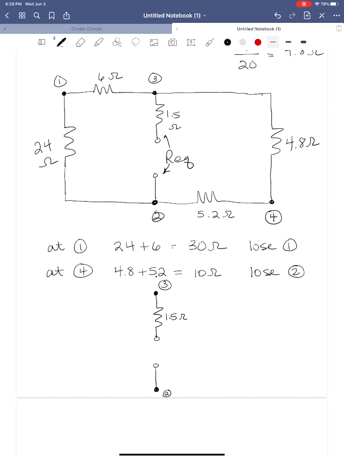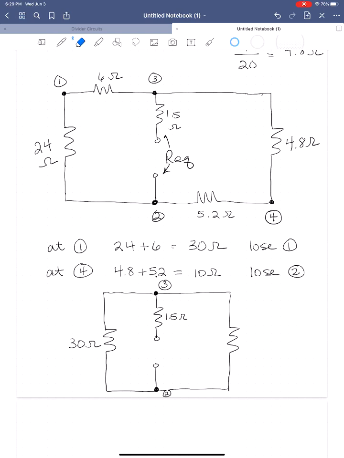Between node 3 and node 2, we've got that 30 ohm resistor, where we've lost node 1. And then between node 3 and node 2 on the other side, where we lose node 4, we've got the 10 ohm resistor. I'm going to put node 2 inside there. There we go. So here's 10 ohms. And here's our equivalent resistance relative to those 2 points.